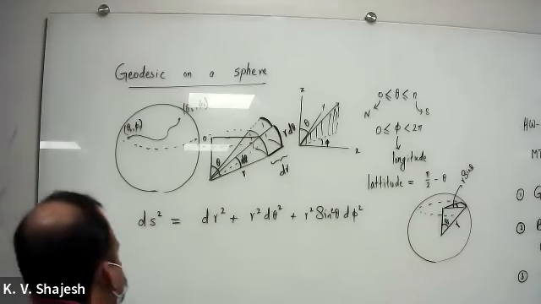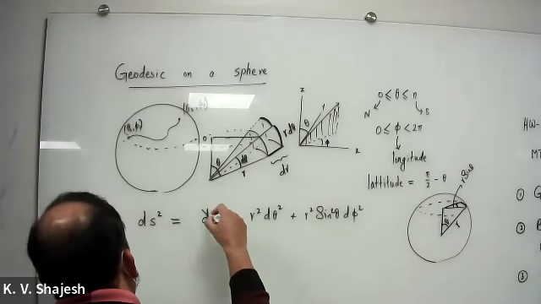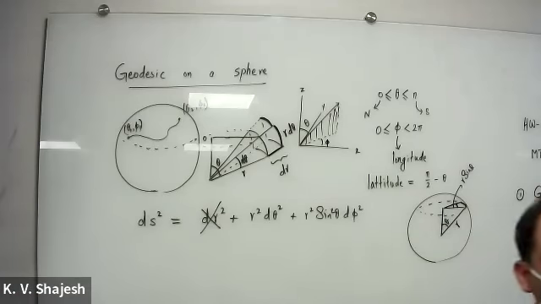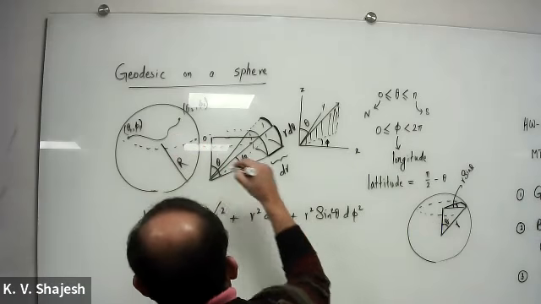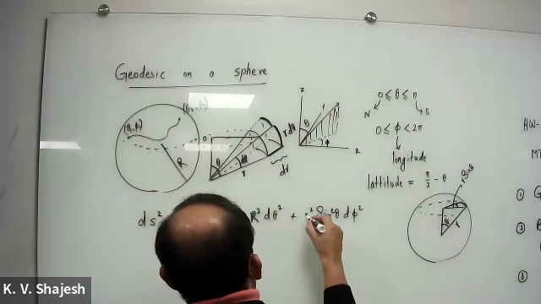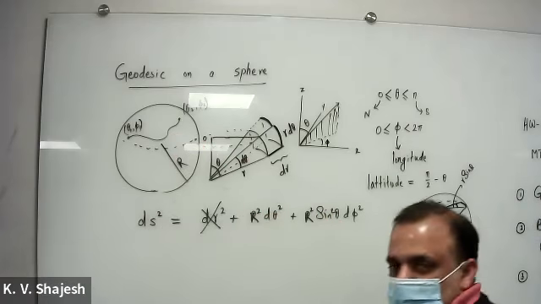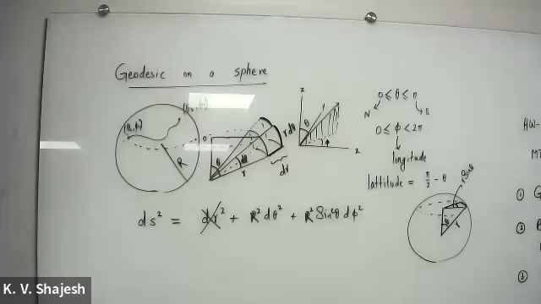Okay, we are on the surface of a sphere, so we don't change r; dr goes away. Let's say that r is the radius of the sphere itself, so this changes to r, just so that we have a length scale. And that's your length.